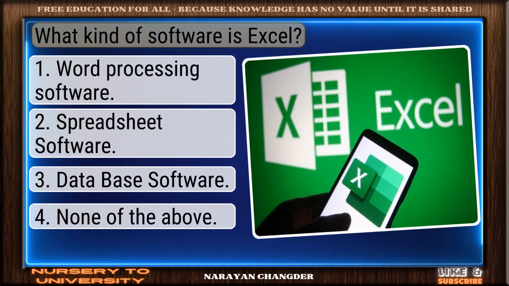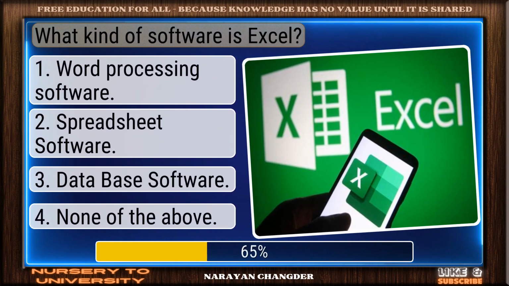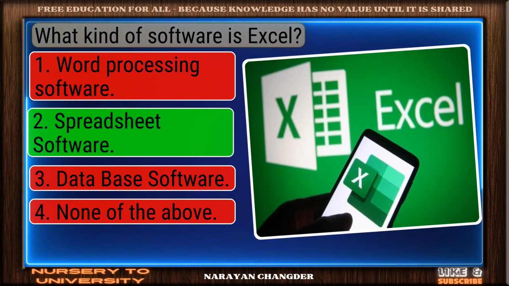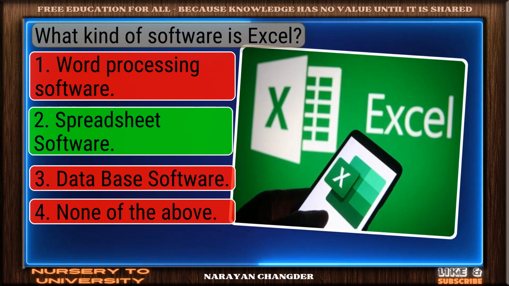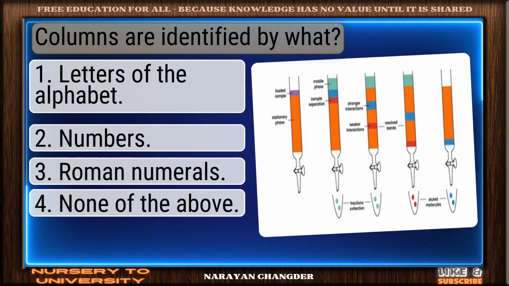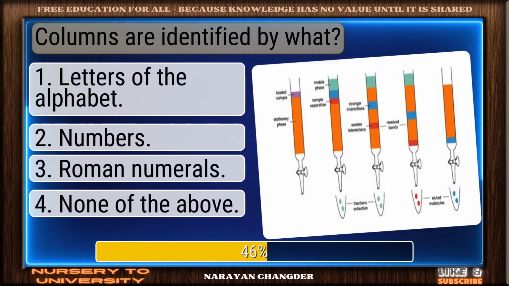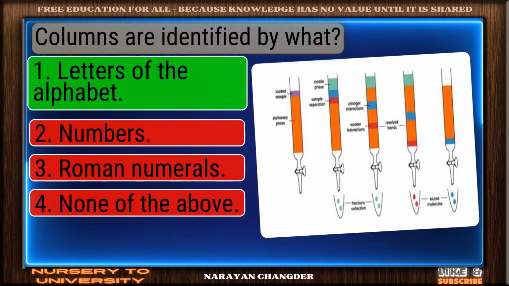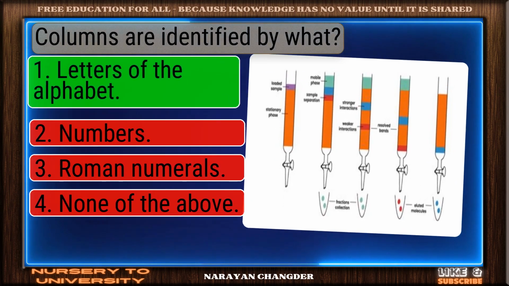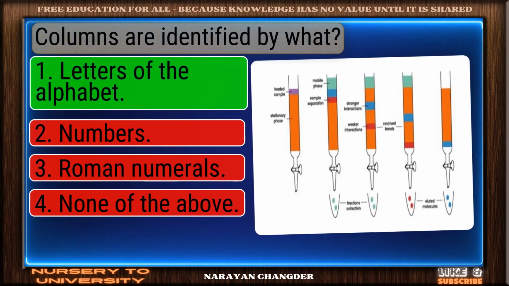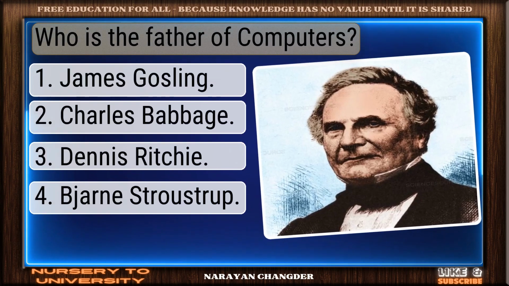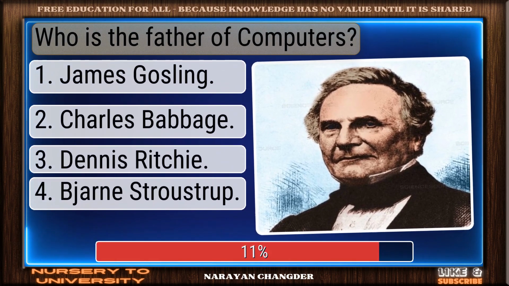What kind of software is Excel? Well picked. Spreadsheet software is the correct answer. Columns are identified by what? Strong choice. Letters of the alphabet is the right answer. Who is the father of computers?